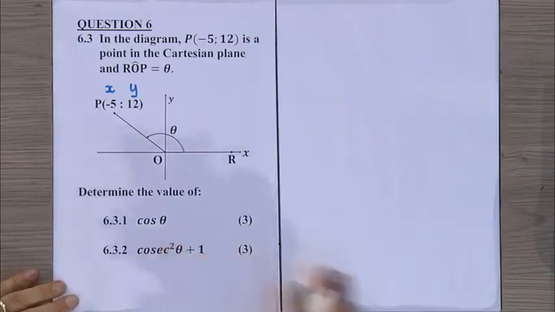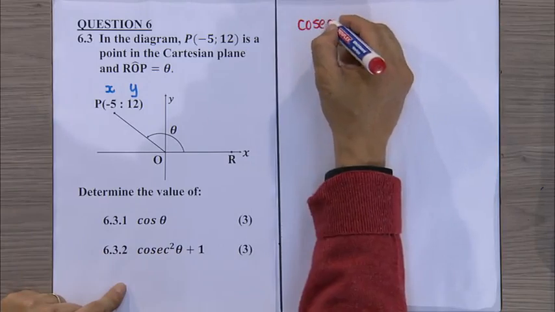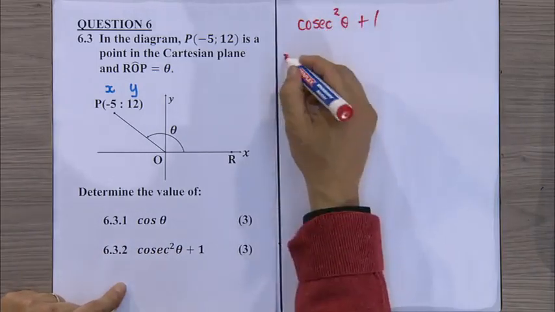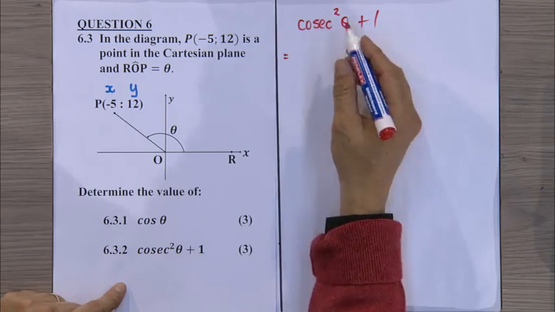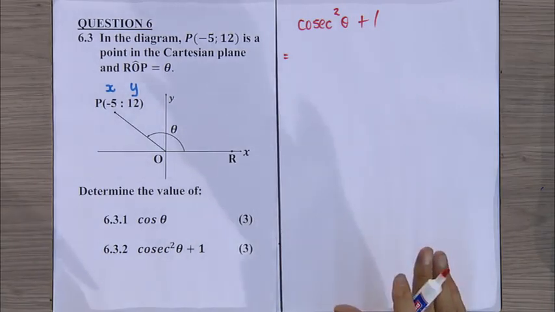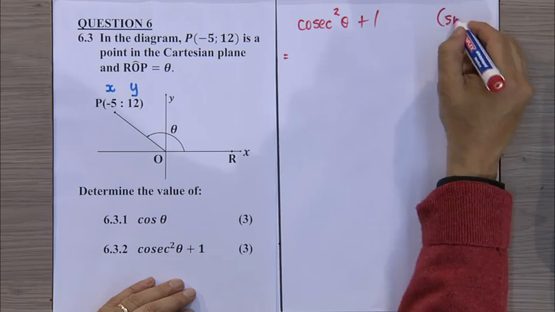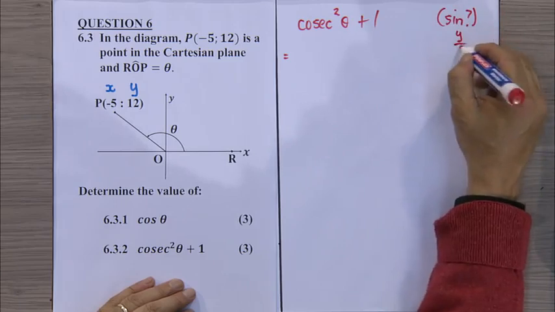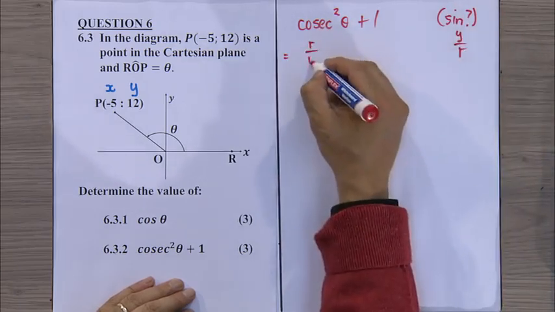Okay? The second one, cosec square theta plus 1. Now remember, what is cosec? Cosec is the reciprocal of sine. If sine is y over r, what is cosec? It is r over y.